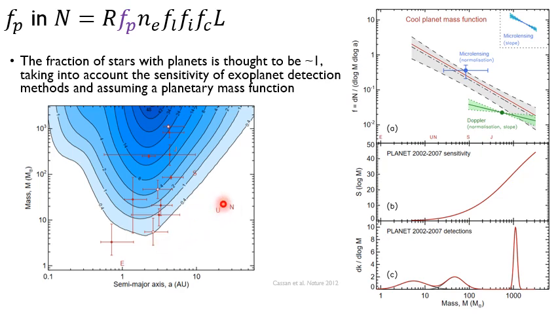So for instance, if we were to try to detect planets in a solar system like ours, we wouldn't be able to see Uranus or Neptune or Earth at some nominal distance. But nonetheless, if we know what these sensitivity limits are, based on planets that we can observe, we can construct a planetary mass function.